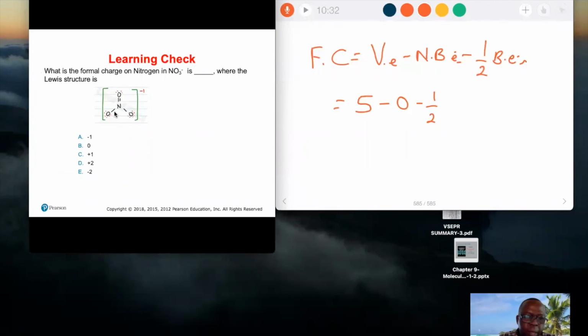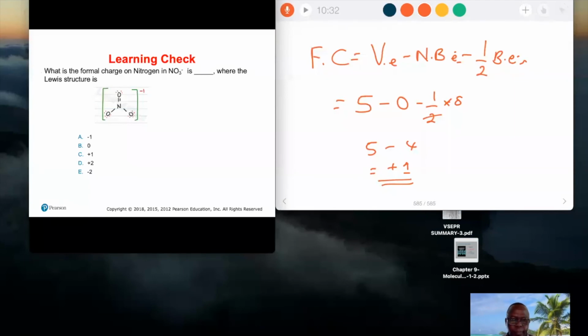So you now have to look at the lines. One line, 2 electrons, another line makes it 4 electrons, and then there are 4 electrons here, minus a half of what? A half of 8. This is 5 minus 4, which is positive 1. So you have to do the math.